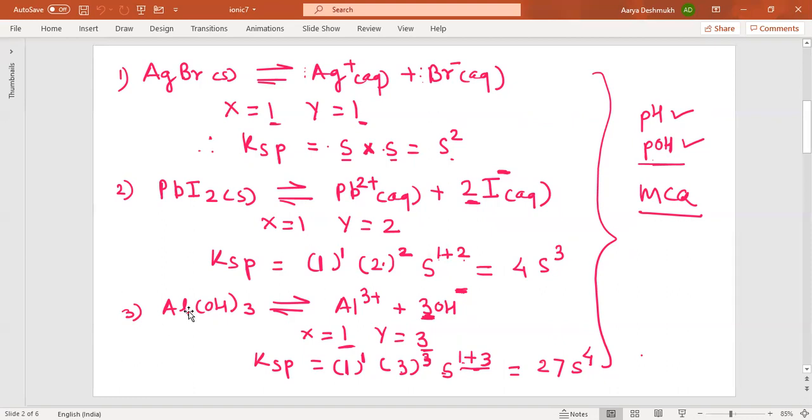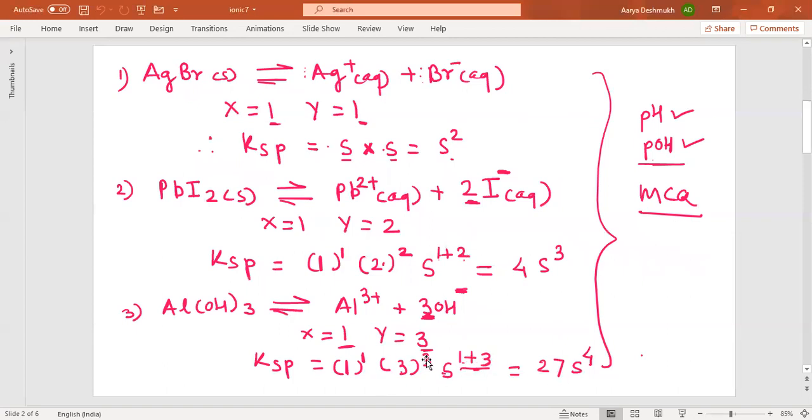Similarly, for the next, aluminium hydroxide, Al^(3+) and three OH^- hydroxide ions. So x equals 1 and y equals 3. Here there is only one aluminium ion, so x equals 1. So the solubility product will be 1 raised to 1, that is x raised to x, and y raised to y, which is 3 raised to 3, and S is raised to x plus y, so 1 plus 3 equals 4.